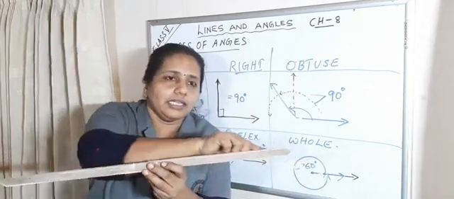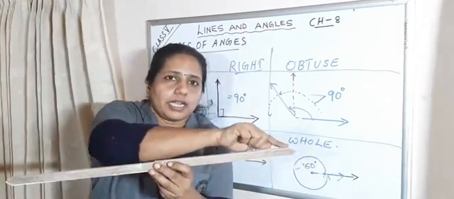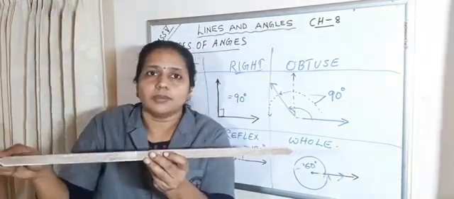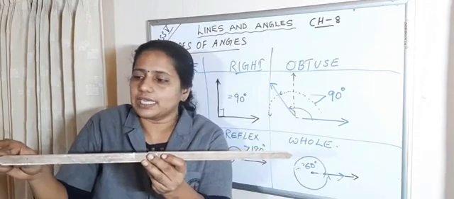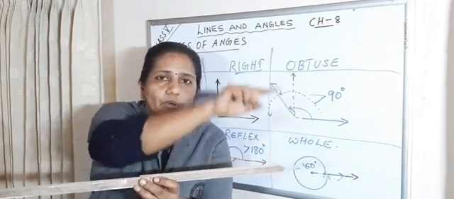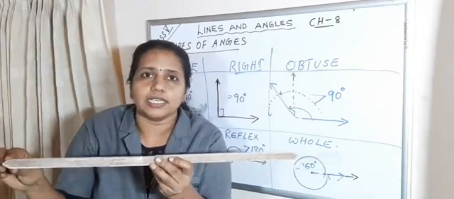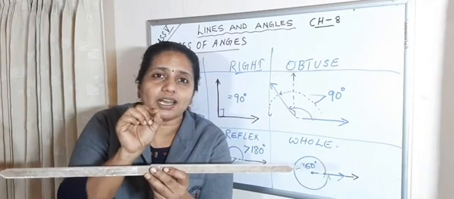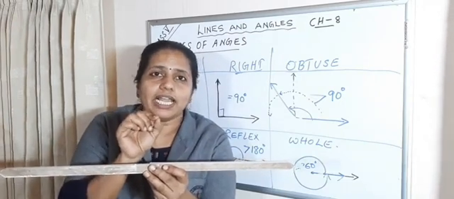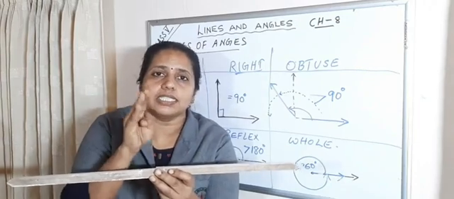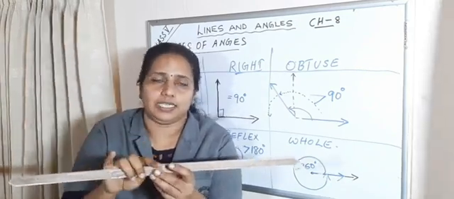Then 0 is starting from here, and you can see the image of the protractor. And here it is written 180. So 0 to 180. These measurement units are called degrees. 0 degree, 10 degree, 20 degree, 30 degree, up to 180 degree is marked.